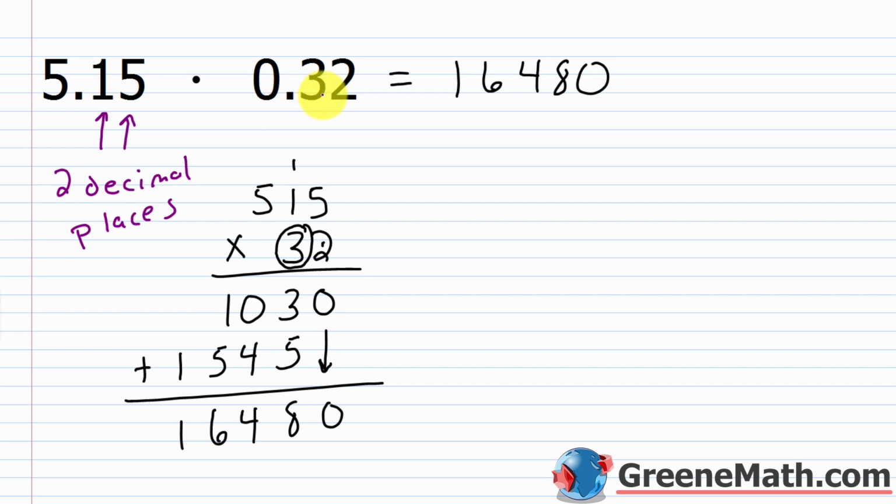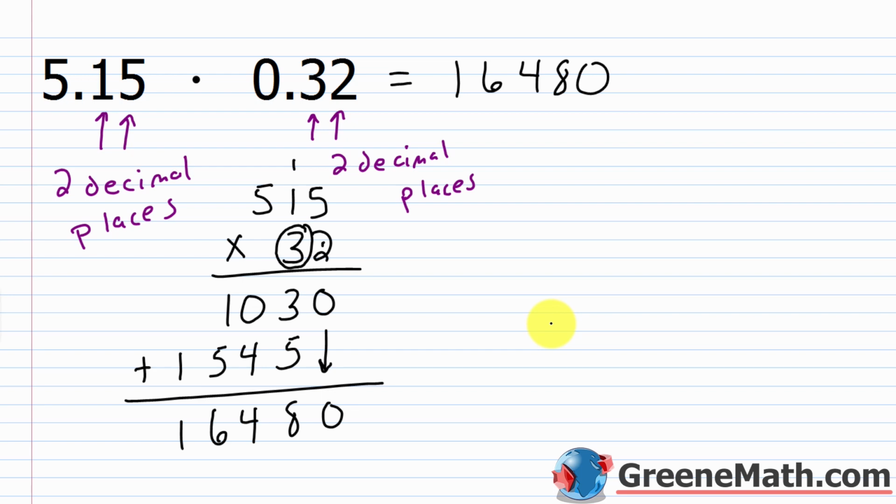And in 0.32, I also have 2 decimal places. Okay, we're talking about what's after that decimal point, right? Here I have 2, and here I have 2. So if I combine those two, 2 plus 2 is 4. So between all of the factors here, we have 4 decimal places. That tells me we're going to have to move our decimal point 4 places to the left.